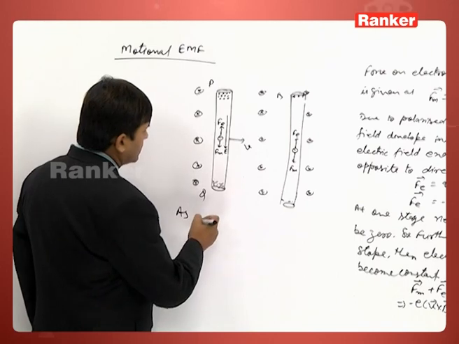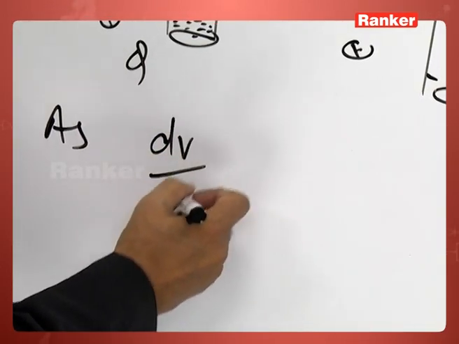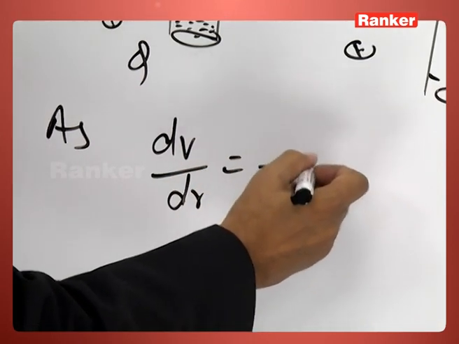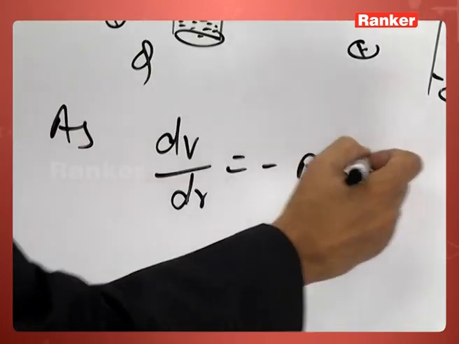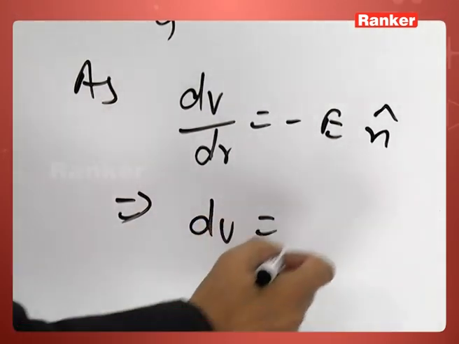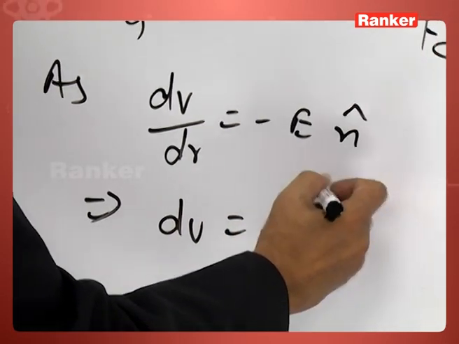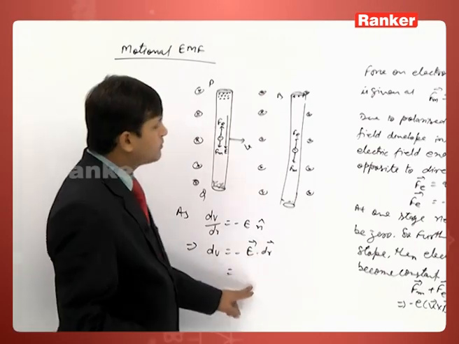Now, the potential difference is given by dV by dr equal to minus E. So we can write dV is equal to minus E dot dr, and we have the E value.